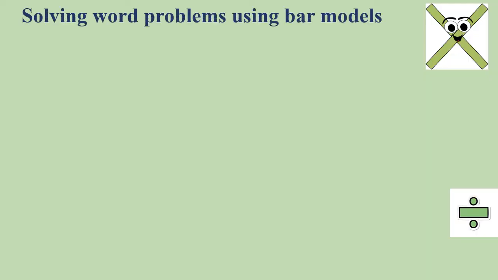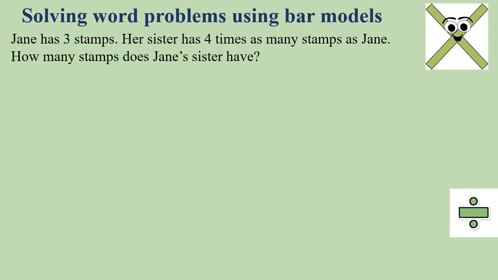Now, solving word problems using bar models. First one: Jane has 3 stamps. Her sister has 4 times as many stamps as Jane. How many stamps does Jane's sister have?